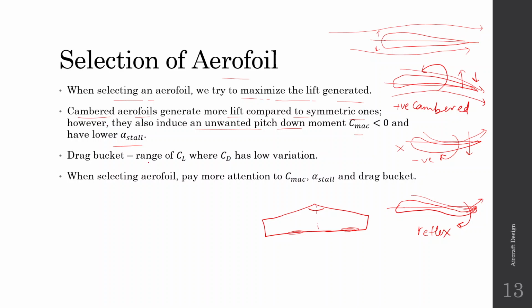So these considerations are there. Then another consideration is your drag bucket. So usually we observe that if we plot CD by CL, usually there is a relationship like this.